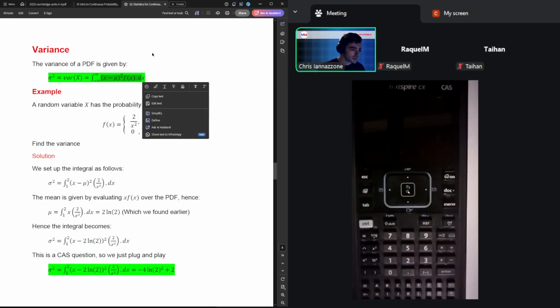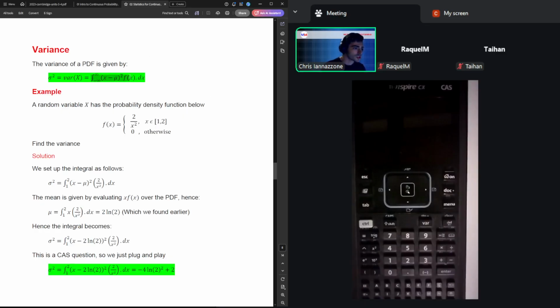It's just that every variance question that's ever really been asked has been tech active, and just doing this tends to be a bit easier because what you're doing is evaluating a single integral rather than evaluating multiple. So that's why I've just got this version up here. It's easier, and I'm pretty sure this is the one that shows up on your formula sheet.